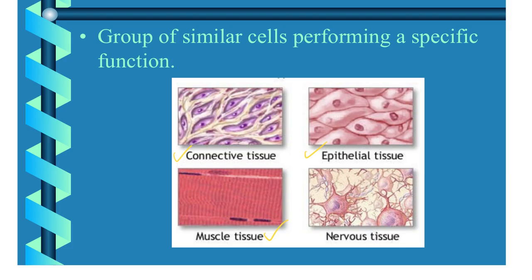Muscle tissue contracts when told to by nerves, nervous tissue. All these cells are differentiated to do a specific function, and they're collected into organs, or they're spread out everywhere.